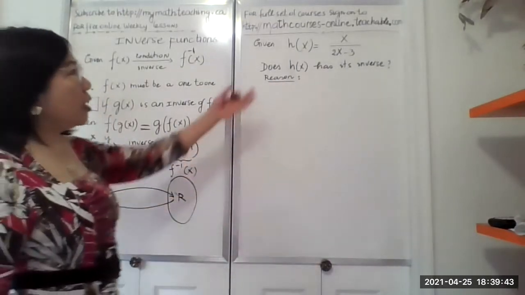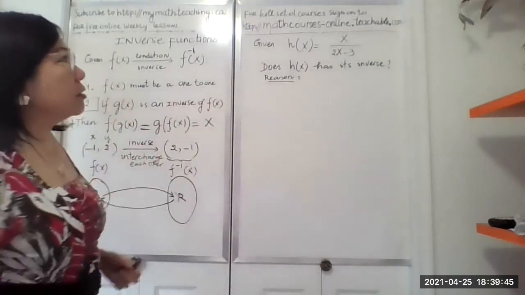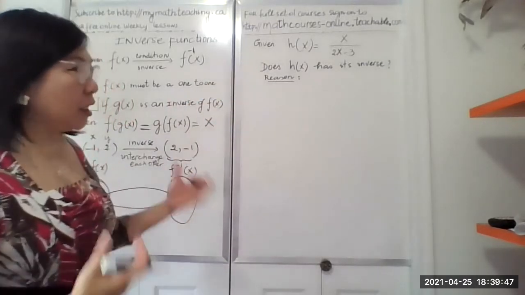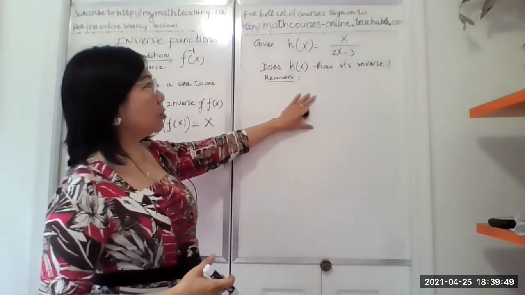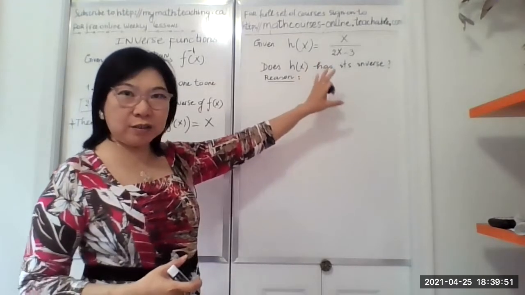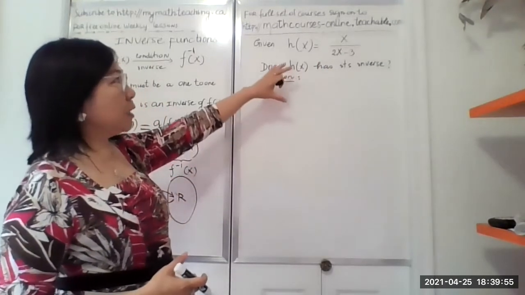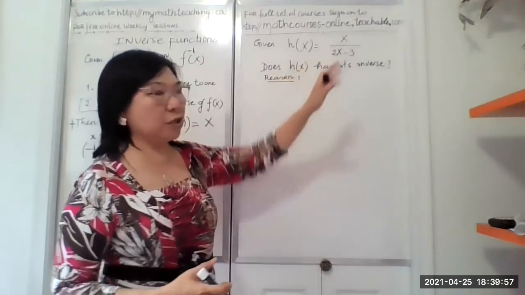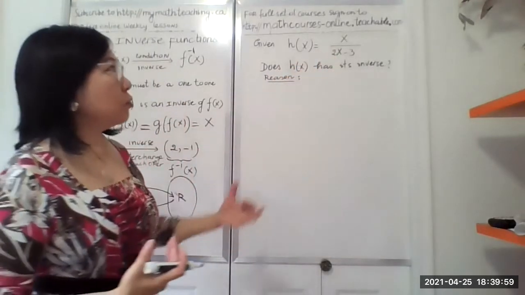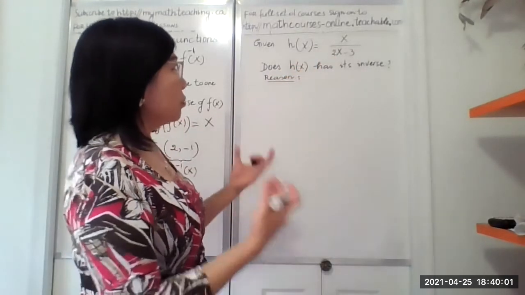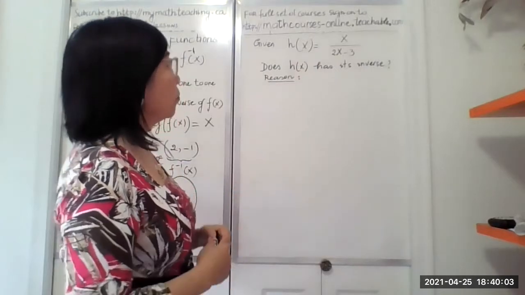Right? Sometimes we are given an algebraic expression, and if we don't sketch it on the graphing calculator and we don't draw it, we just look at a bunch of algebra like this, the rational function here. What we can do is find out the restriction of the denominator.